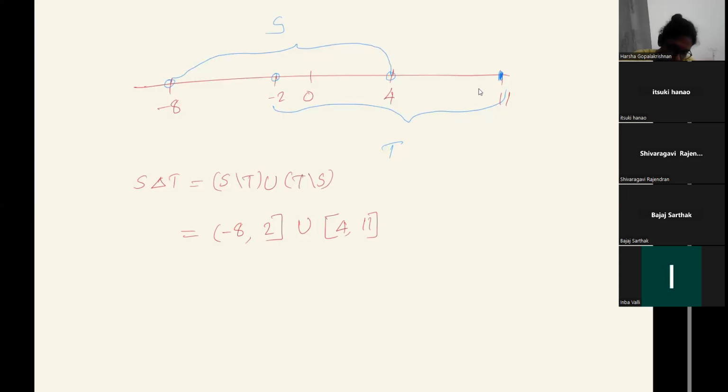So if we are writing this as a set, it is the set of all M in R such that -8 less than M less than or equal to -2, union the set of all M in R such that 4 less than or equal to M less than or equal to 11.